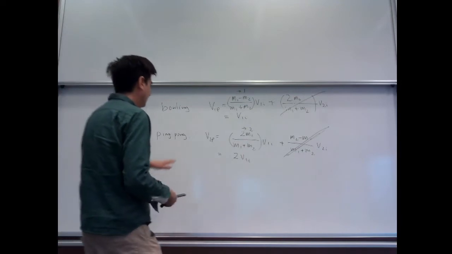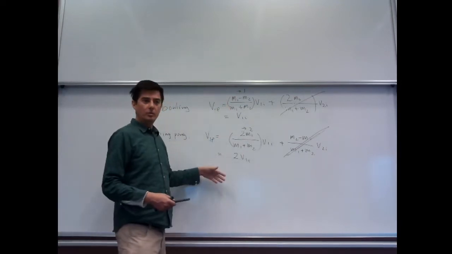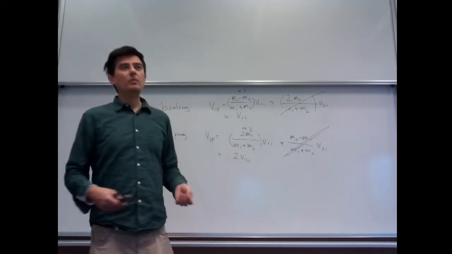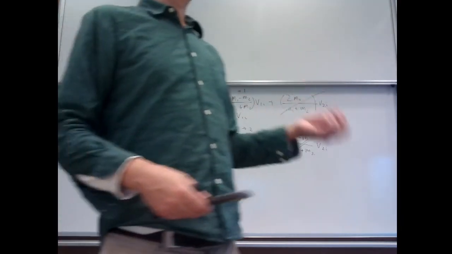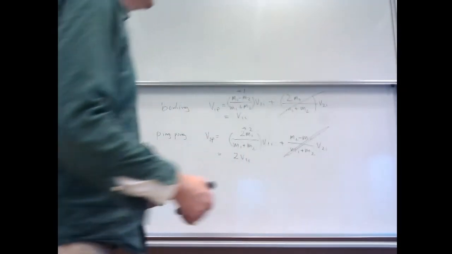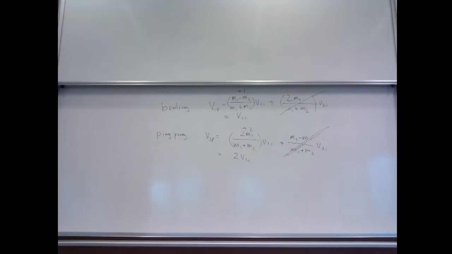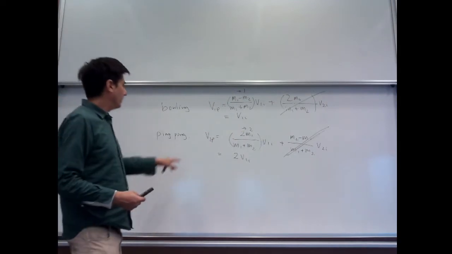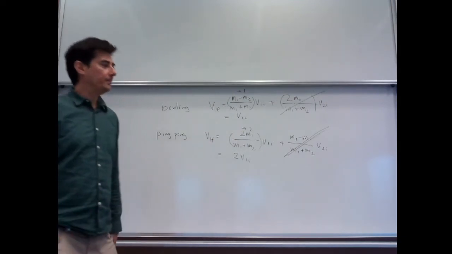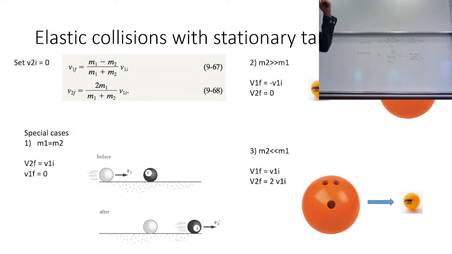So there's nothing that looks strange here, but you wouldn't have expected that it's exactly twice, right? But under this elastic collision case, that is what happens. Okay. So, yeah. Any question?